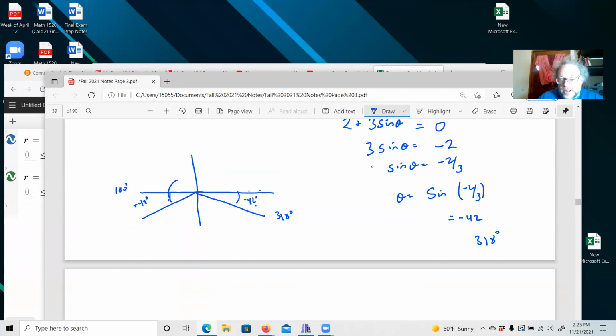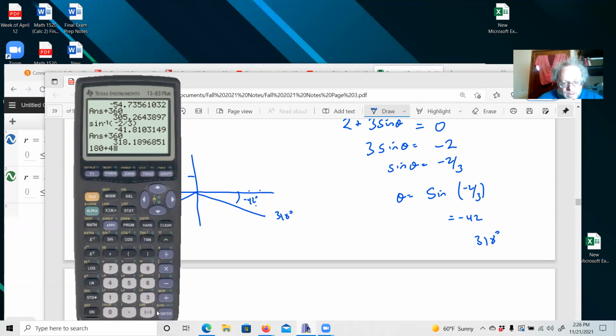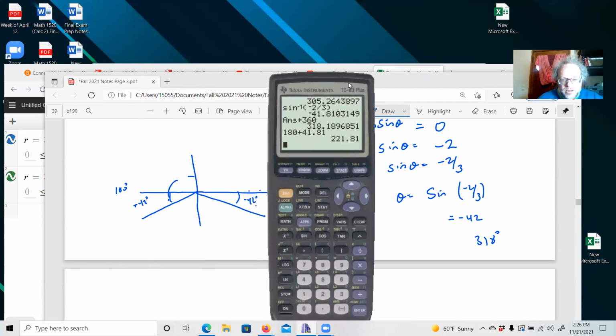So this whole angle all the way over is going to be 180 plus 41.81, which is equal to 221 degrees.